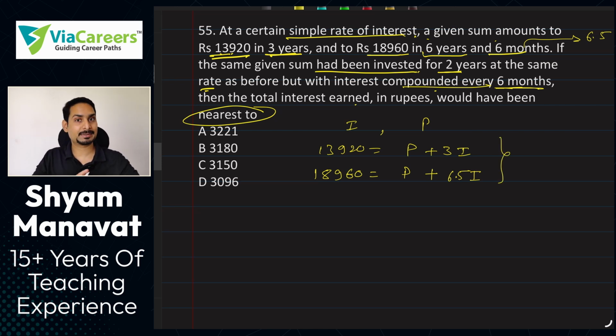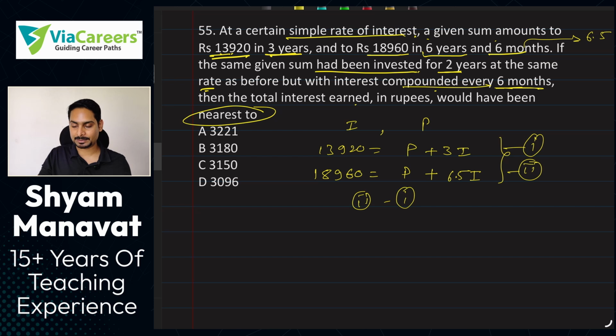This cannot be done in compound interest because in compound interest, the interest keeps changing, right? Okay. So if you simplify this, let's subtract equation number 1 from equation number 2, bigger minus smaller. In that case, you get the difference as 5040, and on the right hand side you will get 3.5I.